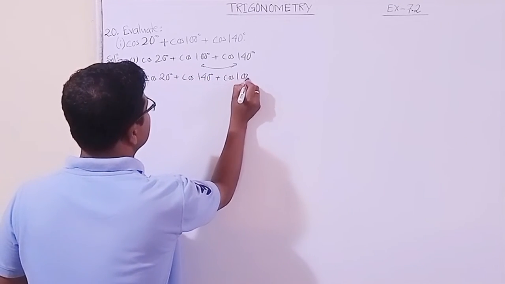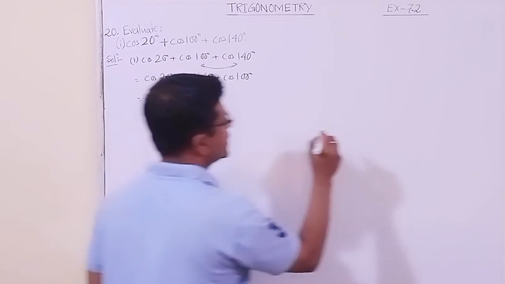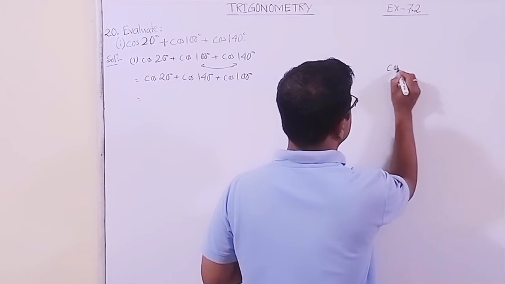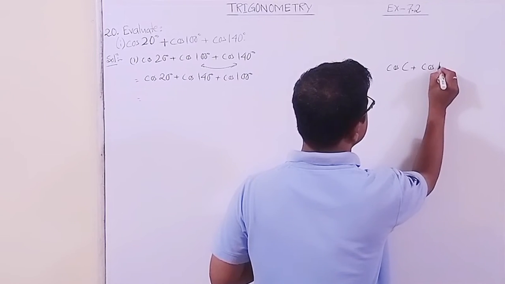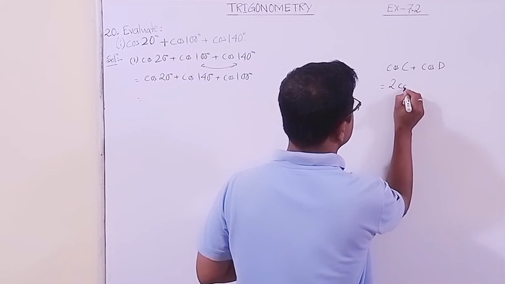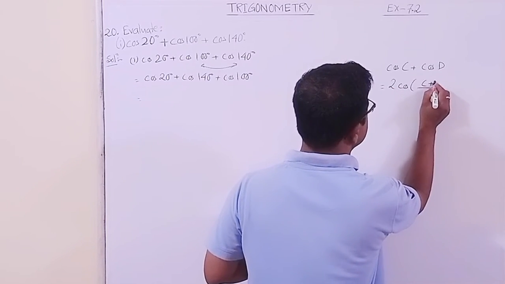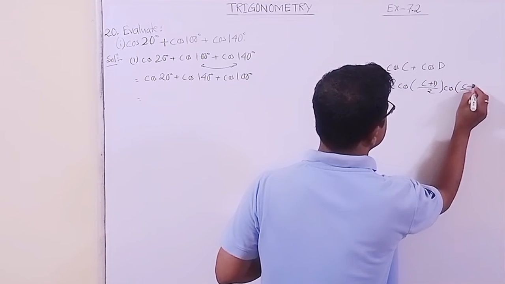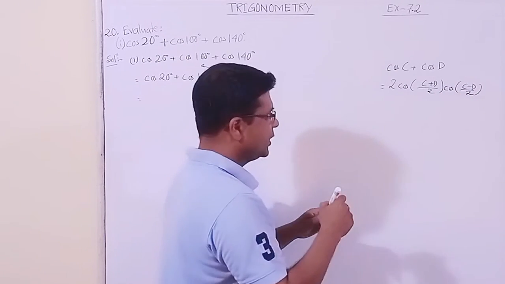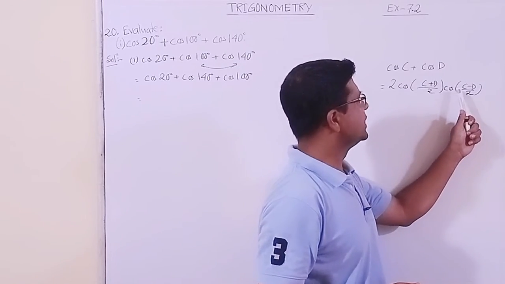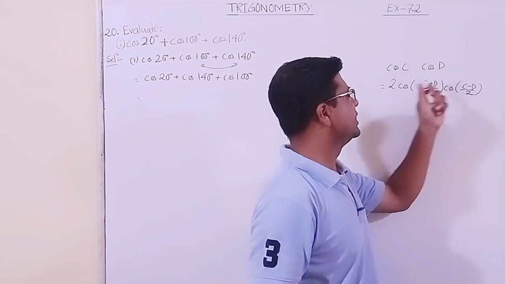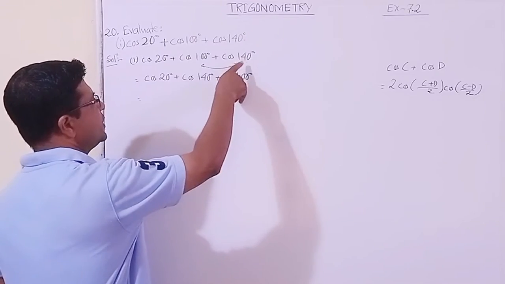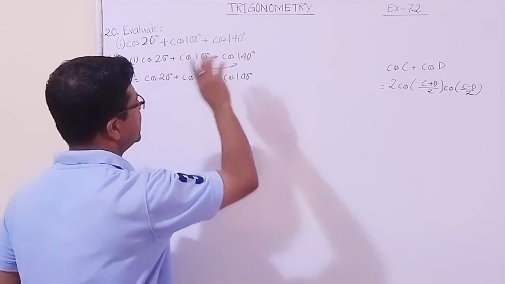Cos 100 degree. Now here which formula shall we apply? We shall apply this formula. Cos of C plus cos of D is twice cos of (C plus D) by 2, then cos of (C minus D) by 2. Here we have taken that C is greater than D. For that reason, at first we have taken 140 degree, then we have taken 100 degree.